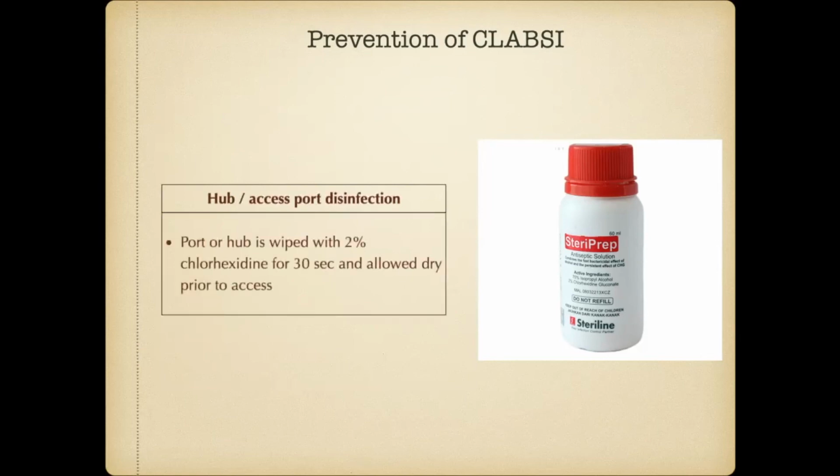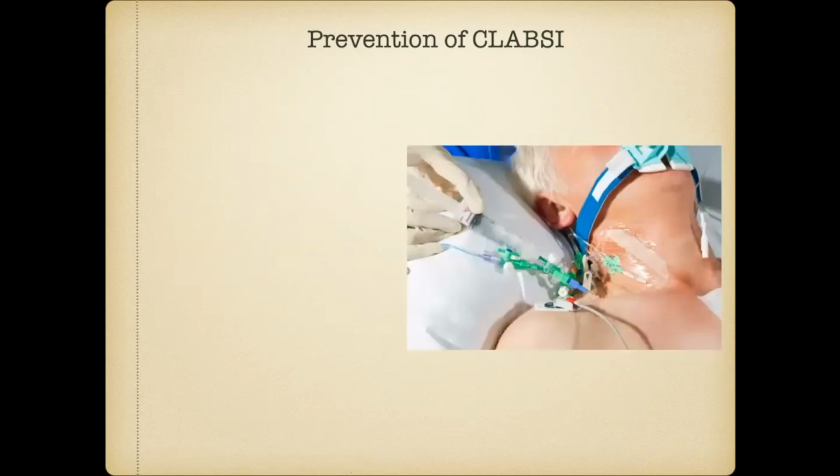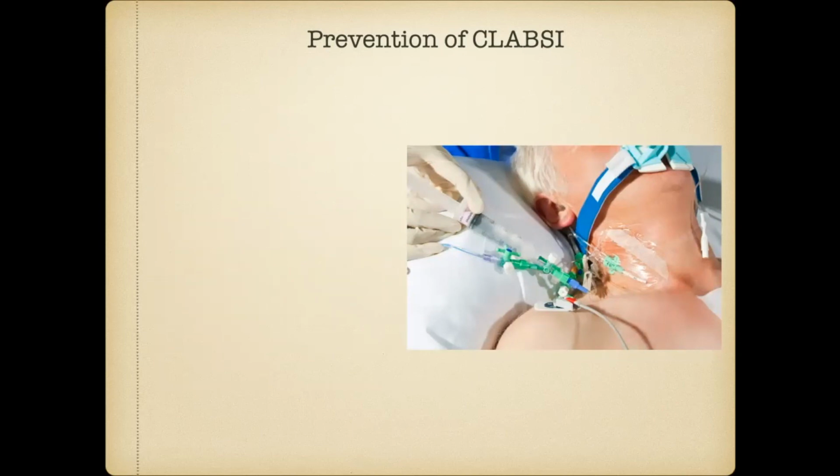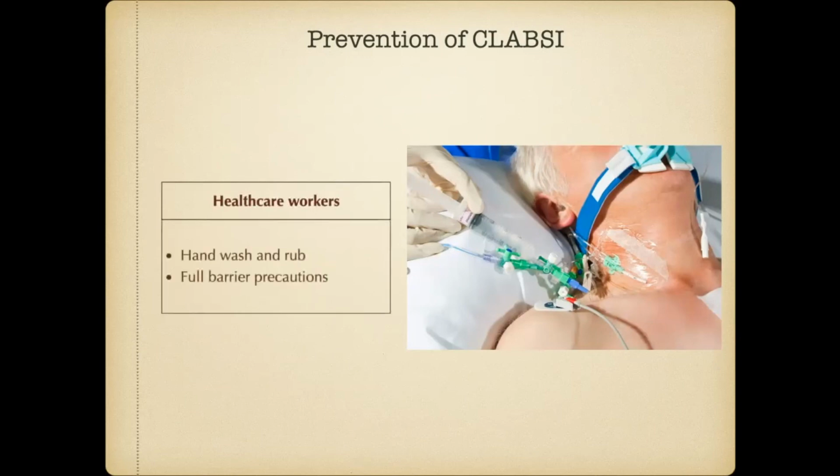Before the usage of the access port, the port or the hub should be wiped with 2% chlorhexidine for 30 seconds and allowed to dry prior to access. In terms of dressings, transparent dressings allow direct observation of whether there is development of erythema or swelling at the site, and the site should be inspected at least on a daily basis. For healthcare workers, of course, it's compulsory to hand wash and rub and use full barrier precautions while handling the central cannula.